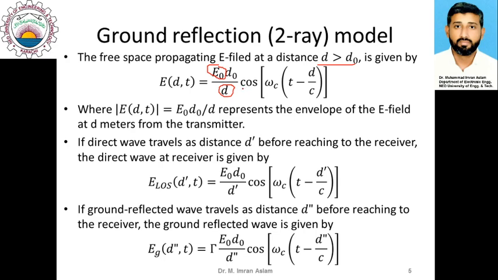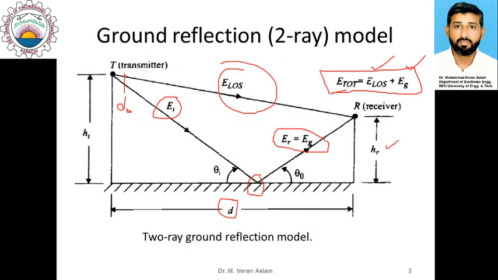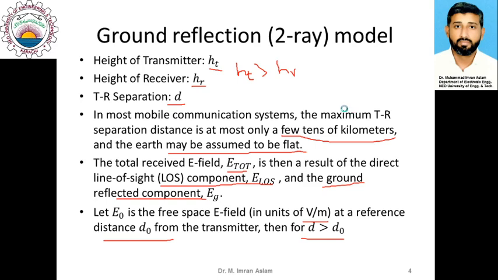Secondly, because it's an electromagnetic wave, we can treat it as a cosine wave with the angular frequency omega c, and the difference which is obtained in the time delay, this d upon c, is actually the time that the wave takes to travel from this point to the receiver point.